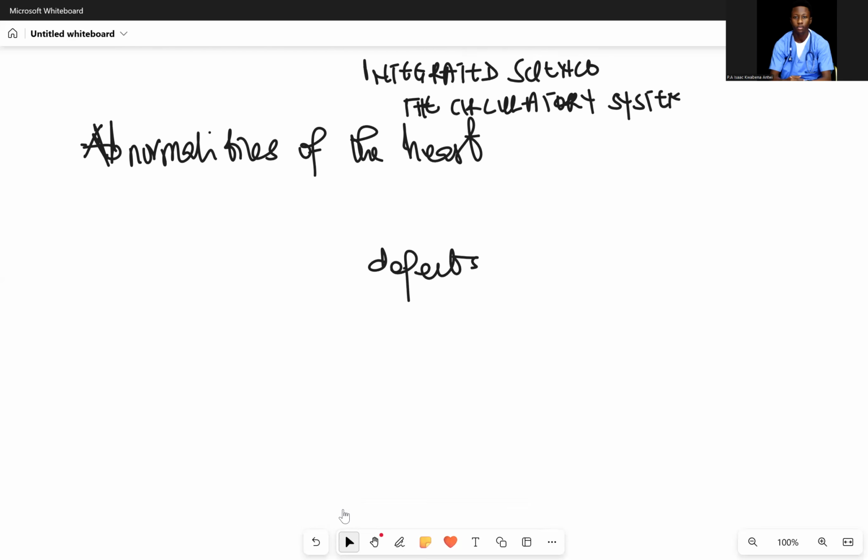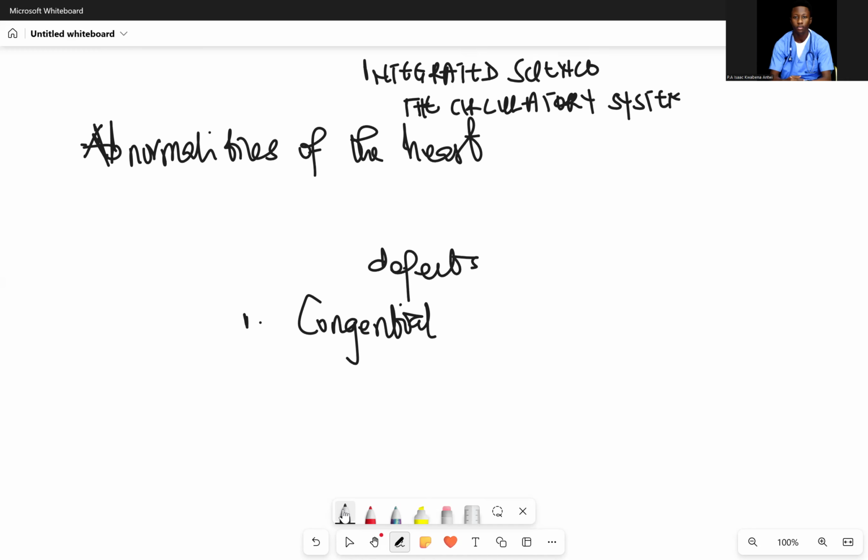So let's look at ones that occur at birth. When you have any health condition that actually occurred at birth, we say congenital. So when there is any disorder and we see it's congenital, it means it's acquired at birth.